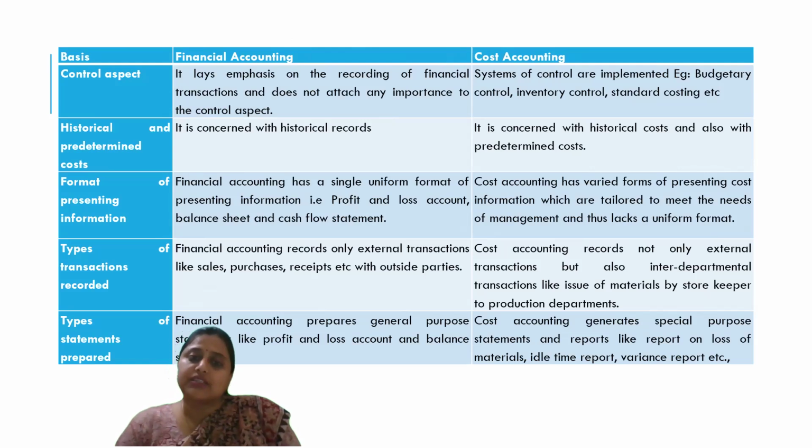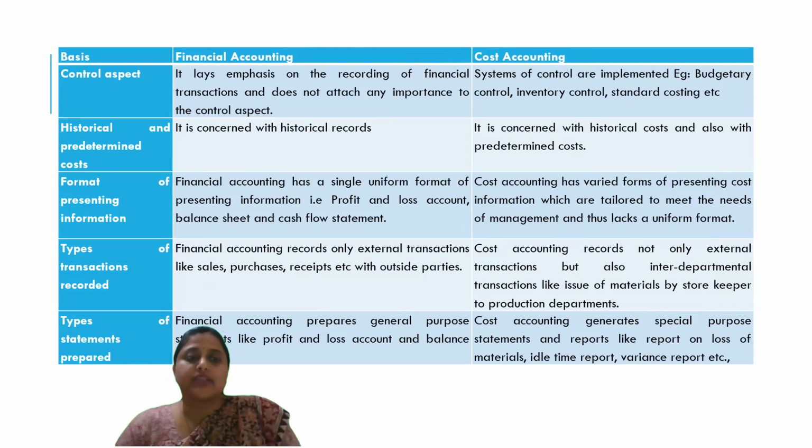In financial accounting, the records are generally of external transactions like sales, purchases, and receipts with outside parties. But in cost accounting, you are recording not only external transactions but also interdepartmental transactions, like issue of materials from the storekeeper to the production department.